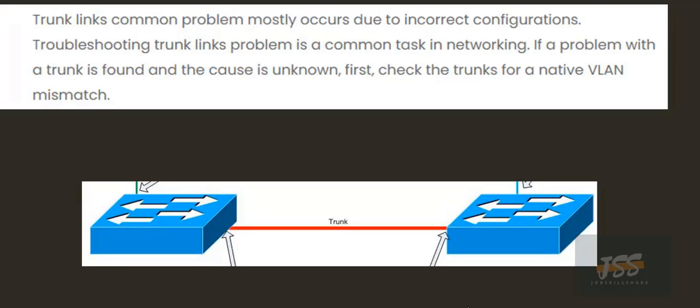Troubleshooting a trunk link problem is a common task in networking. If a problem with a trunk is found and the cause is unknown, first check the trunk for a native VLAN mismatch. So we will check for the native VLAN mismatch in this part 2 module 1.